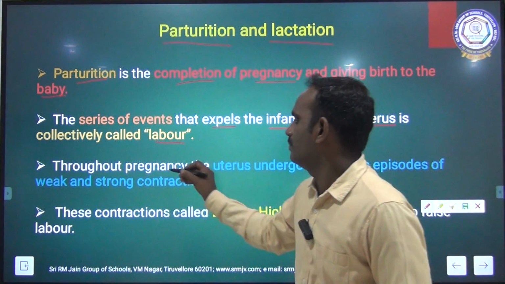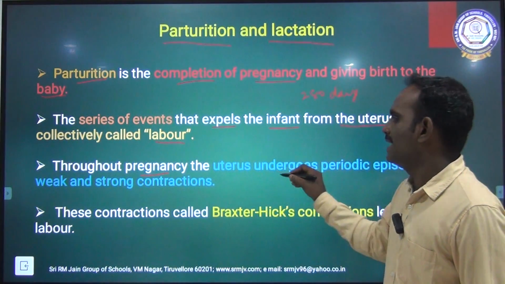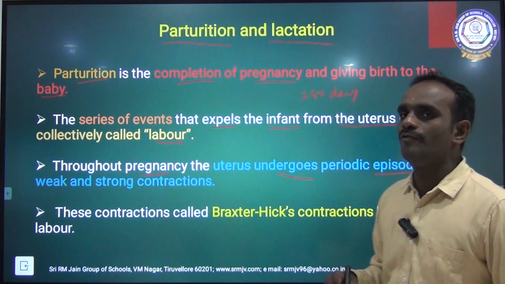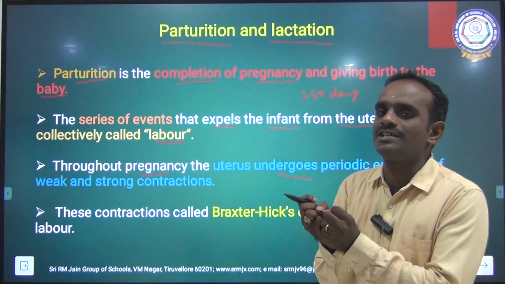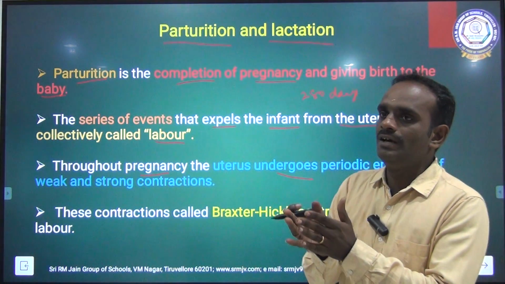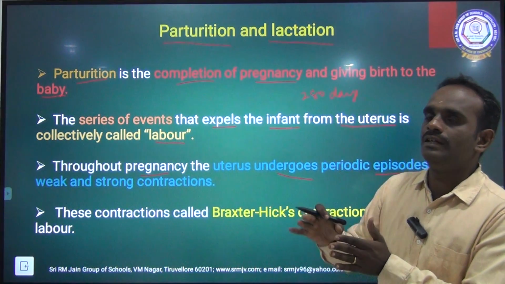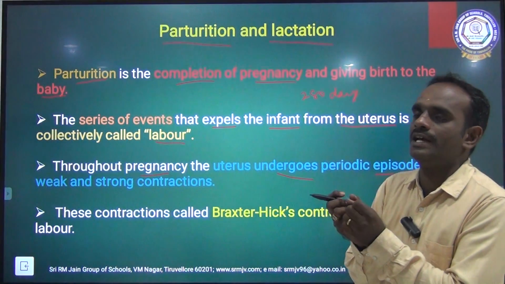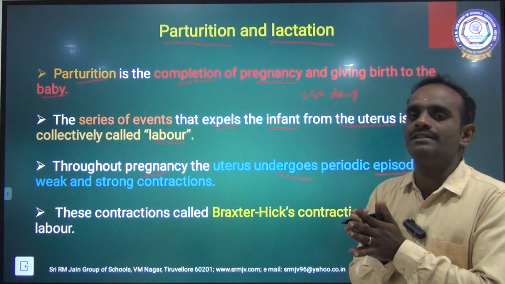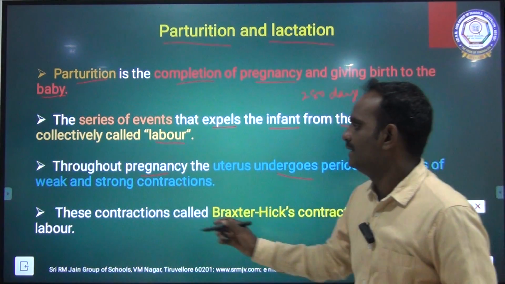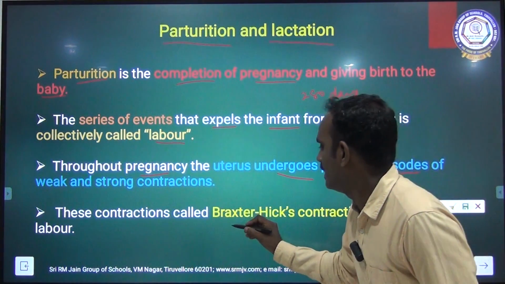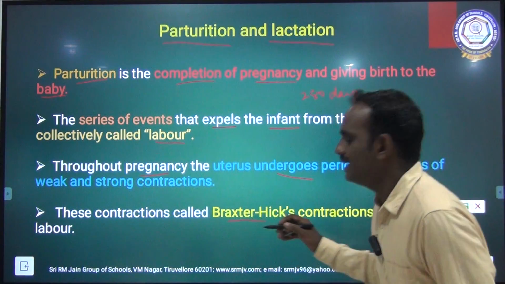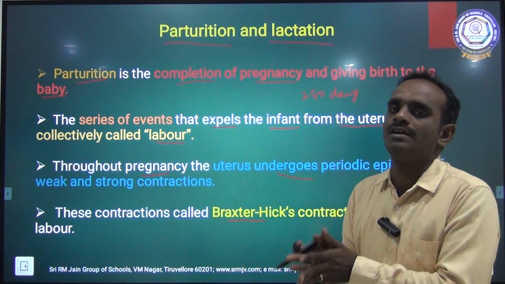Throughout the pregnancy, the uterus undergoes periodic episodes of weak and strong contractions, from the first week of gestation till the last week. These contractions are called Braxton-Hicks contractions, which are nothing but false contractions.